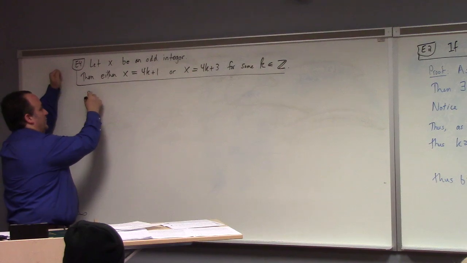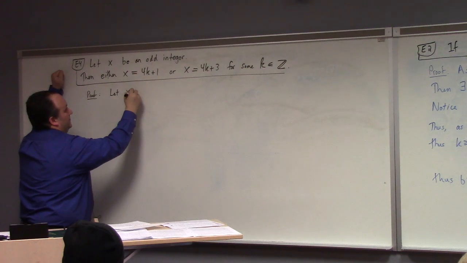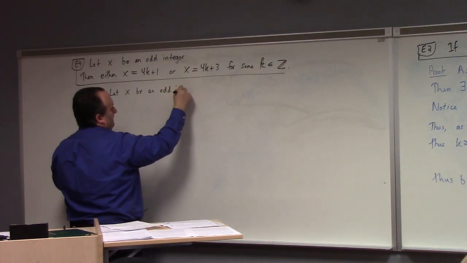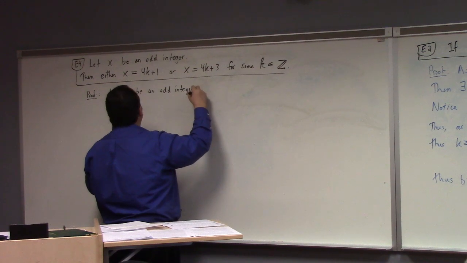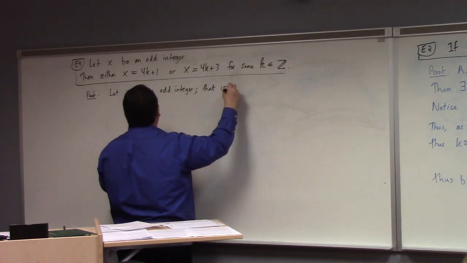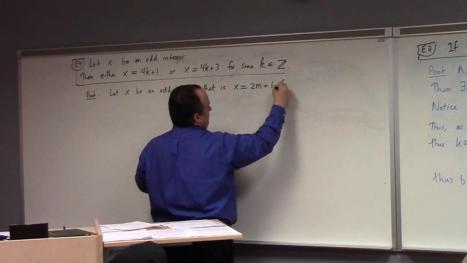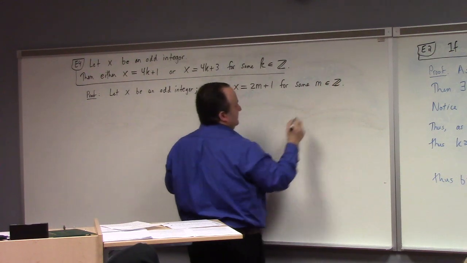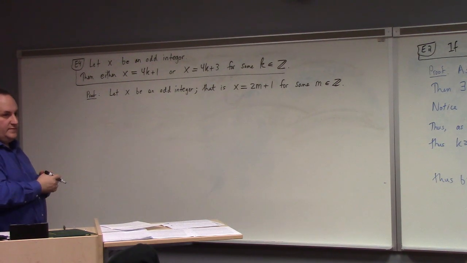So proof. We start with: let x be an odd integer. So that is, x is equal to, let's say, 2m plus 1 for some integer m, right? Now what?